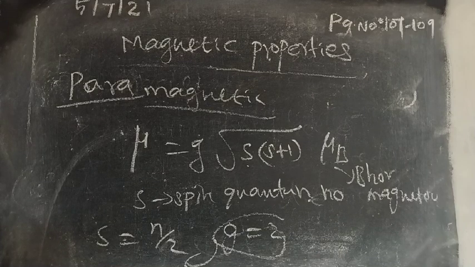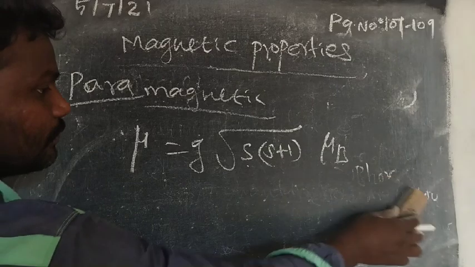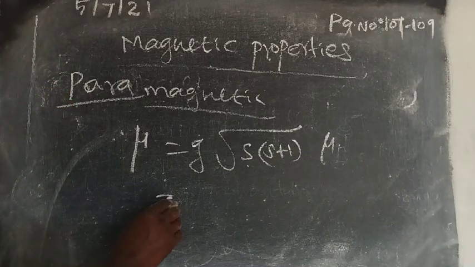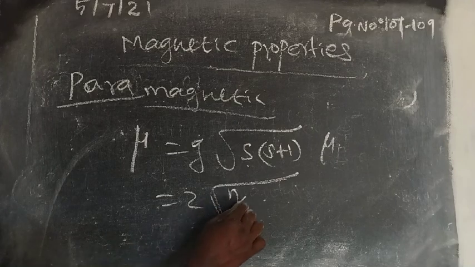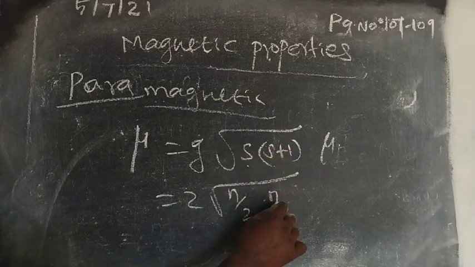Let us apply all the values in the above equation. The g value is 2, S is n by 2, and S plus 1 is n by 2 plus 1.